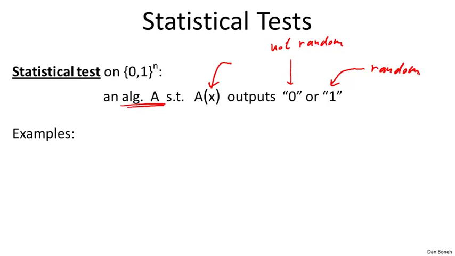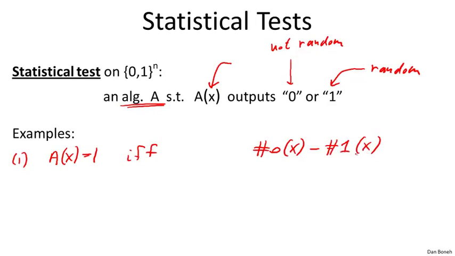Let's look at a couple of examples. The first example uses the fact that for a random string, the number of zeros is roughly equal to the number of ones. The statistical test is going to say 1 if and only if the difference between the number of zeros in the given string x and the number of ones in x is less than, let's say, 10 times square root of n.